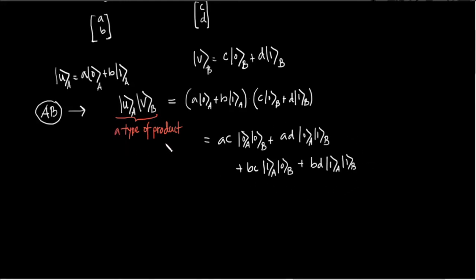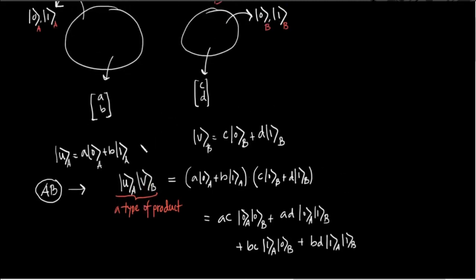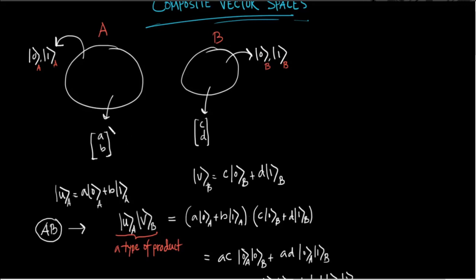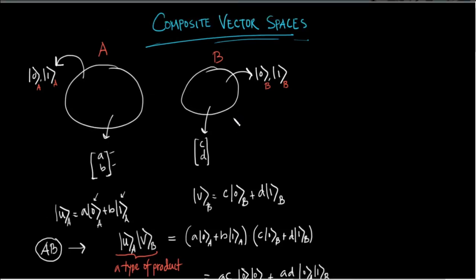To express any vector in the space A, we need two numbers. The space A is a two-dimensional space. We can express any vector in the space A using the vectors 0A and 1A. Similarly, a vector in the space B is also two-dimensional.